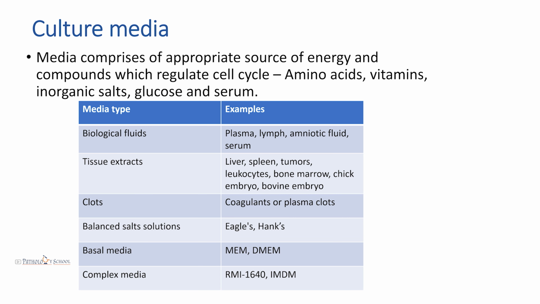The culture media comprises appropriate sources of energy and compounds which regulate the cell cycles. So it includes amino acids, vitamins, inorganic salts, glucose and serum. The biological fluids which are used are plasma, lymph, amniotic fluid and serum. But it was observed that for many cells, the growth factors which are present in serum sometimes act as a differentiating factor.